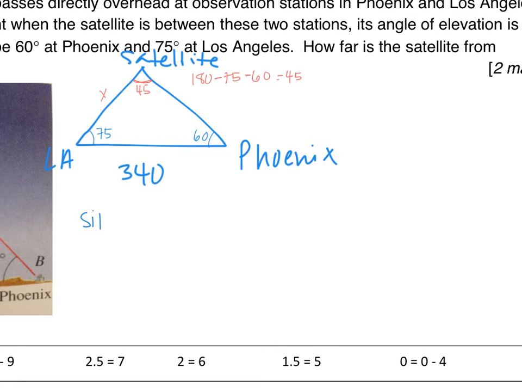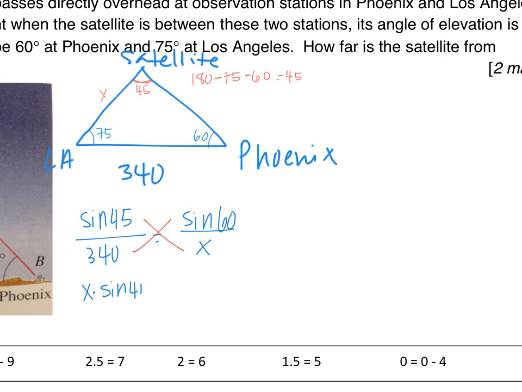So sine of 45 over 340 equals sine of 60 over that x we want, the distance from LA to the satellite. Cross multiply. So x times sine 45 equals 340 times sine 60, and divide out this sine.